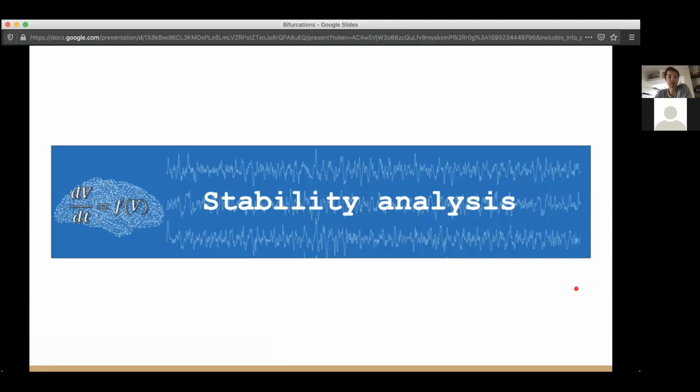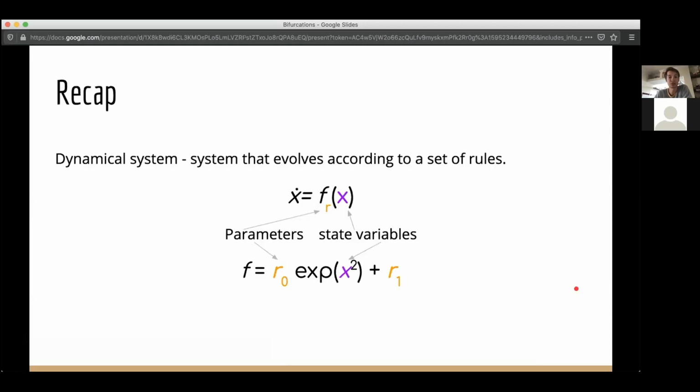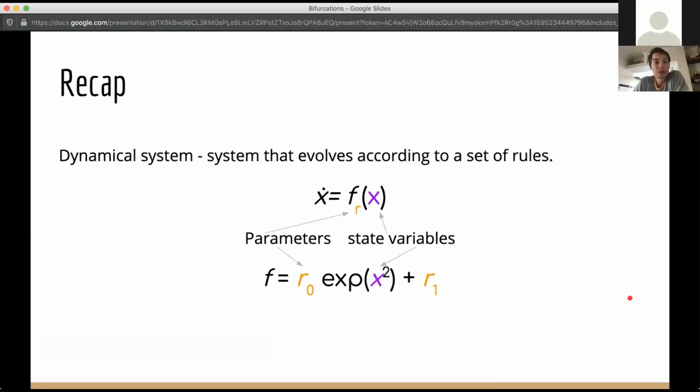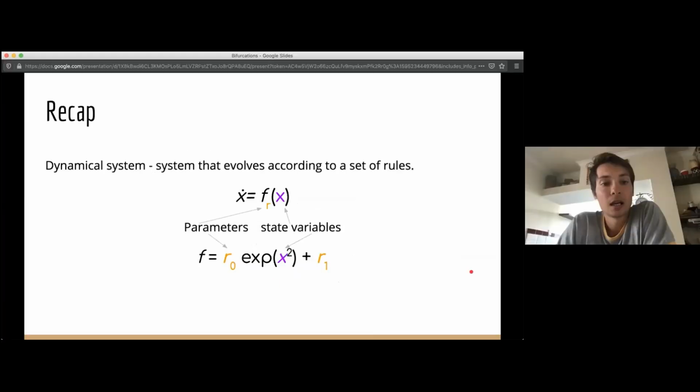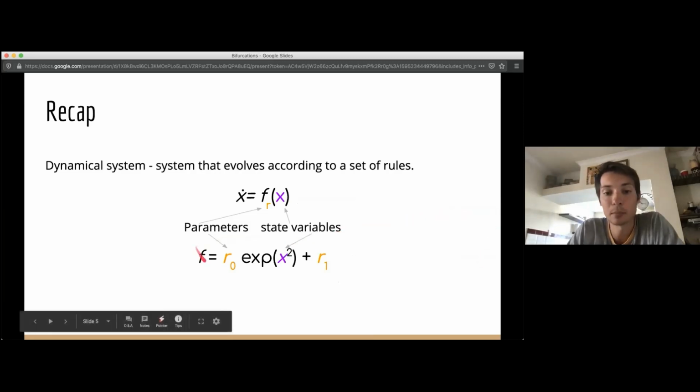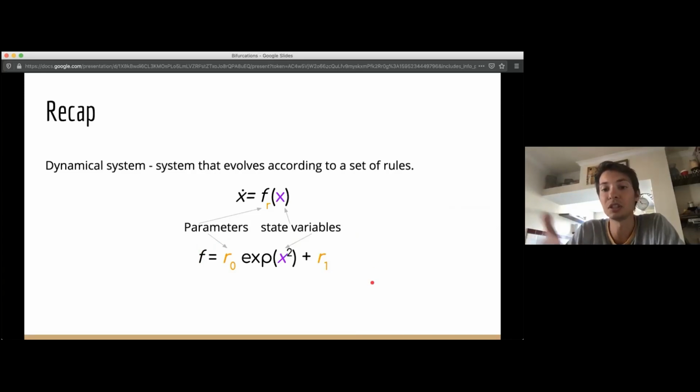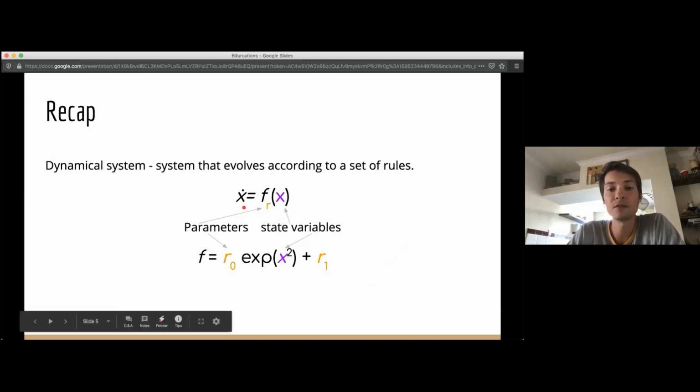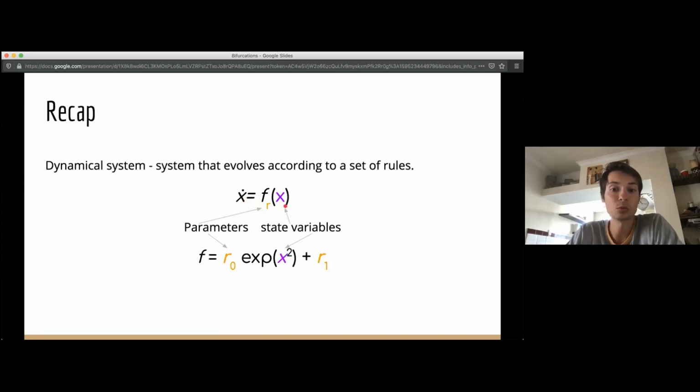As I was saying, stability analysis is something you already covered with Luke, but it's a pretty important topic, so it will be useful to remind ourselves what it is. To be sure that we are all on the same page, we are dealing with dynamical systems, which are usually described by some equation, but in general are systems that evolve in time according to a predefined set of rules. Formally, we usually put it as the first derivative of something we call a state variable.